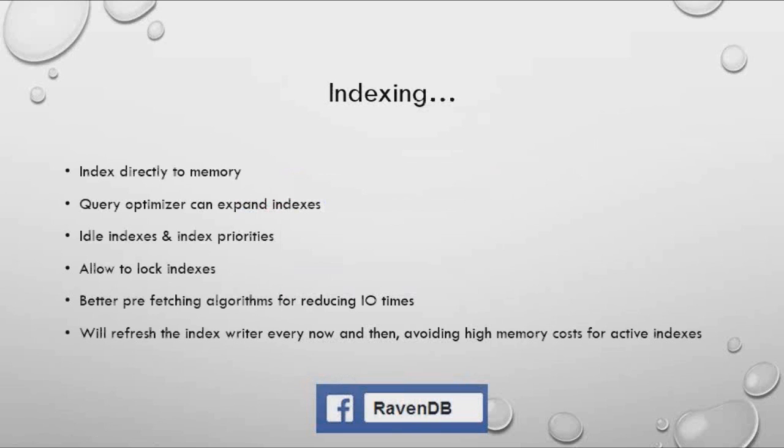As I mentioned, we've done a tremendous amount of very small changes, and the aggregate result is something quite beautiful and much easier to work with. With RavenDB 2.5, we now have the ability to index directly into memory.